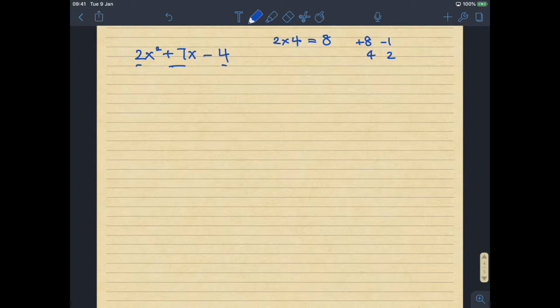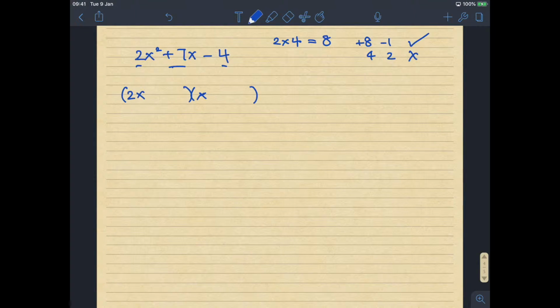This time we've got 2x squared at the beginning. So the two brackets must expand into 2x in one and x in the other. Now we've worked out that we need plus 8 and minus 1 for us to get the plus 7 in the middle. And now we've got 2x and x. This means that if we were to multiply 2x with this number that we want here, it could either be plus 8 or minus 1.